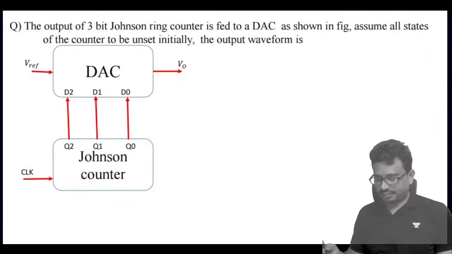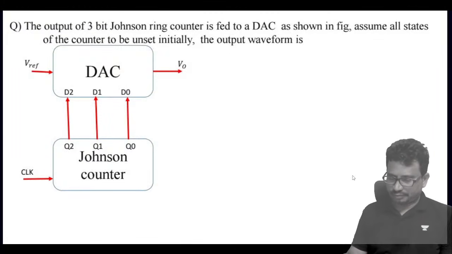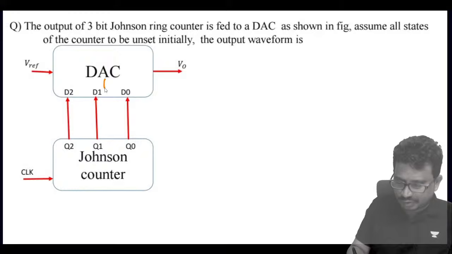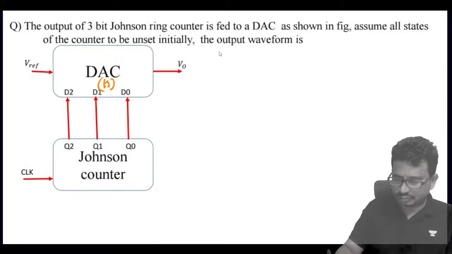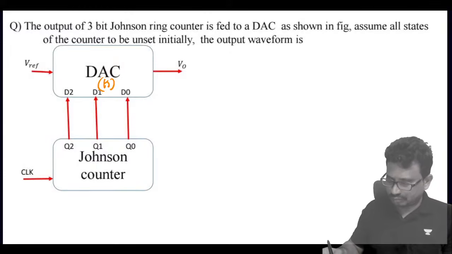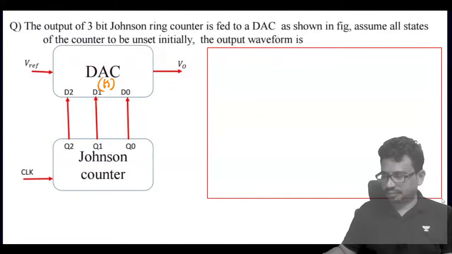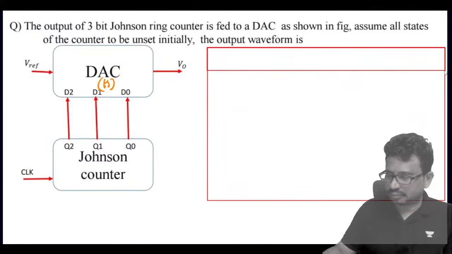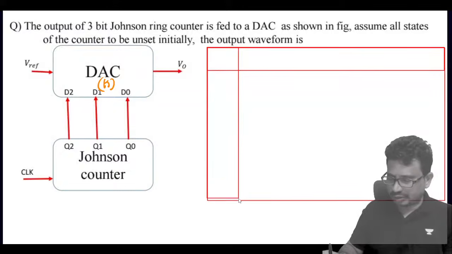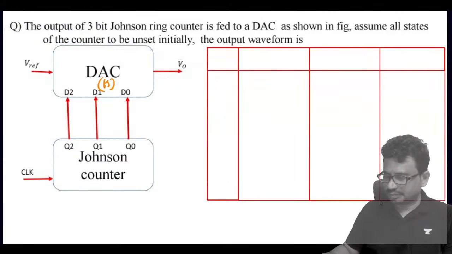Try this one. Resolution is not mentioned, so assume the resolution is something K. We have a clock, and this is the Johnson counter and DAC, and this is the final output.